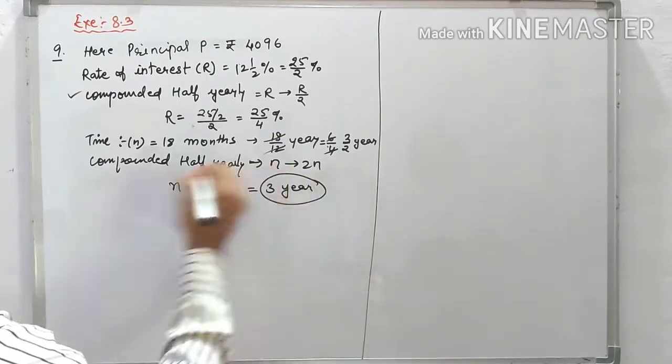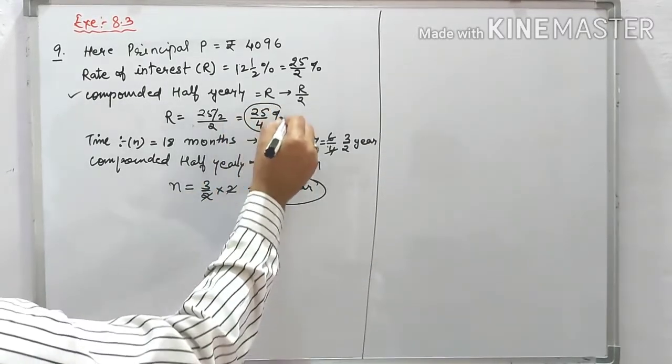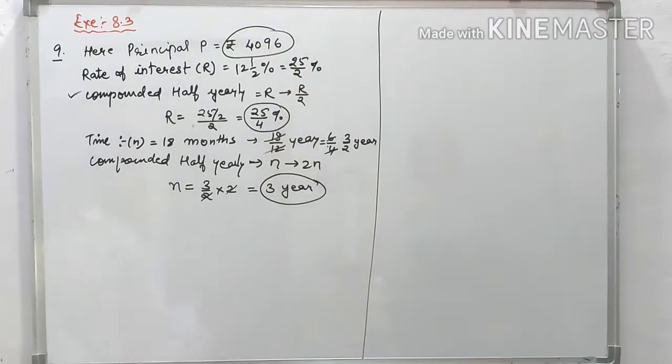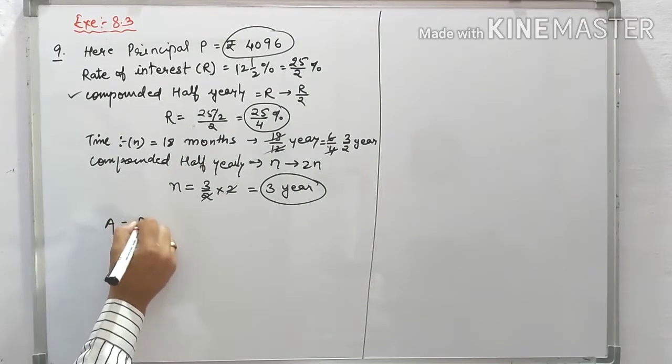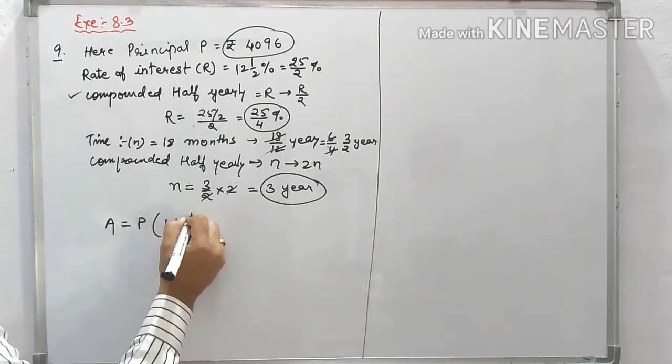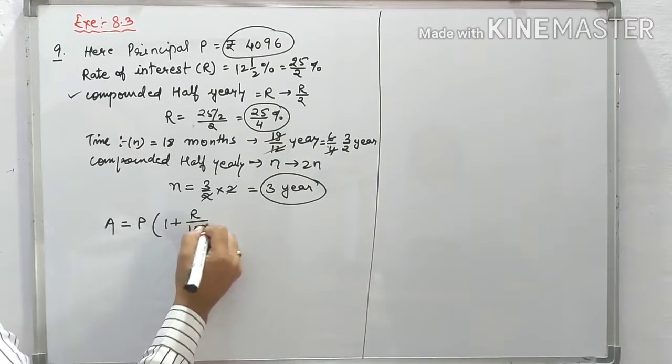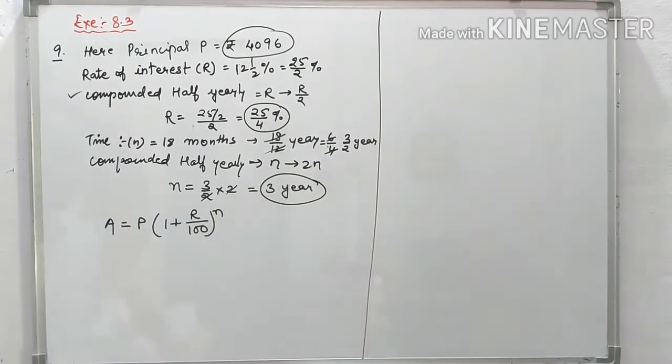So this is the value of n, this is the value of R, and this is the value of P. Now we have to find the amount. The amount formula is A is equal to principal into (1 plus R upon 100) to the power of n.